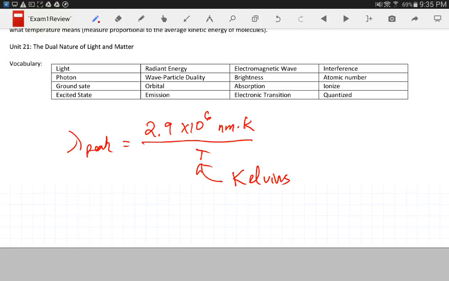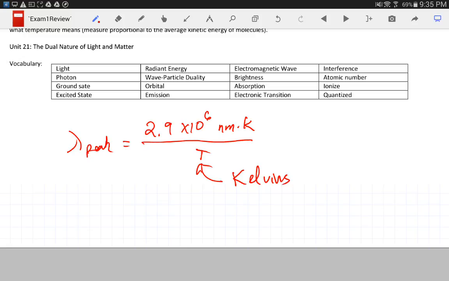So your peak wavelength is going to be around, what would that be? 1,000 nanometers? Is that right? 2.9 times 10 to the 6. Oh, no, 10,000. Your peak wavelength will be around 10,000 nanometers. That's in the infrared range.